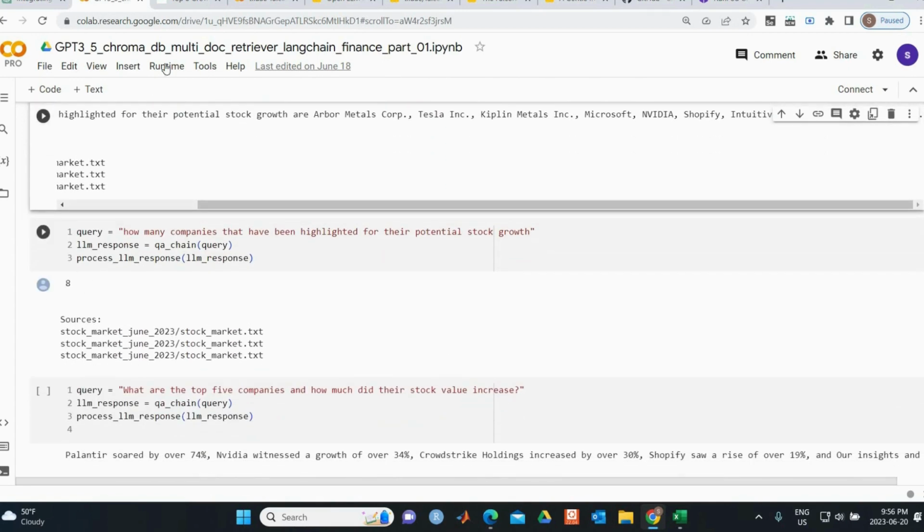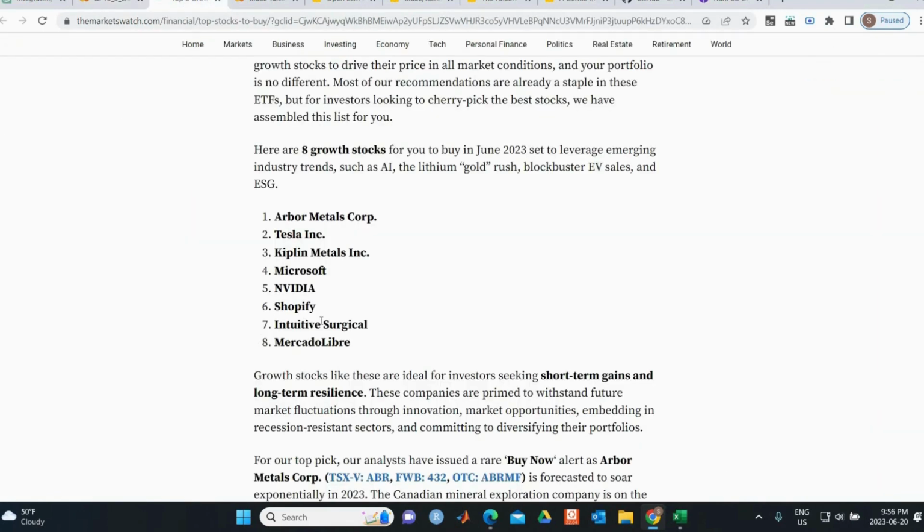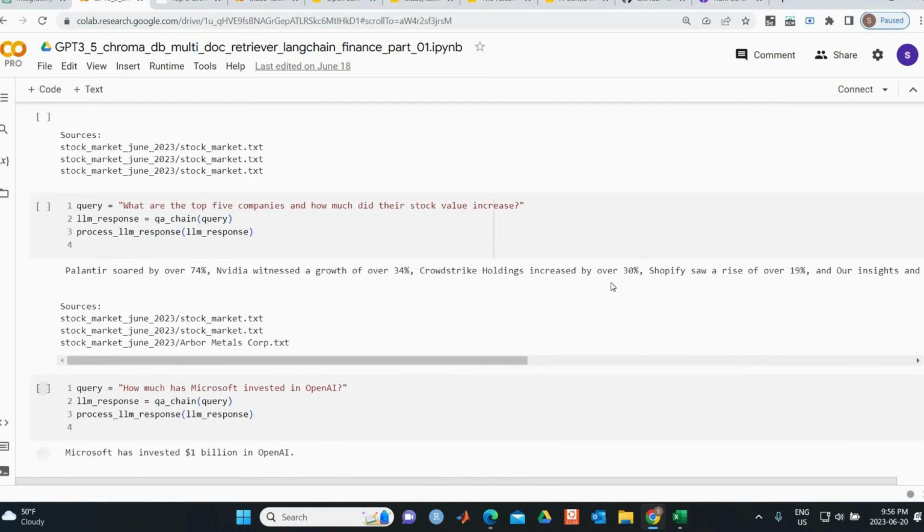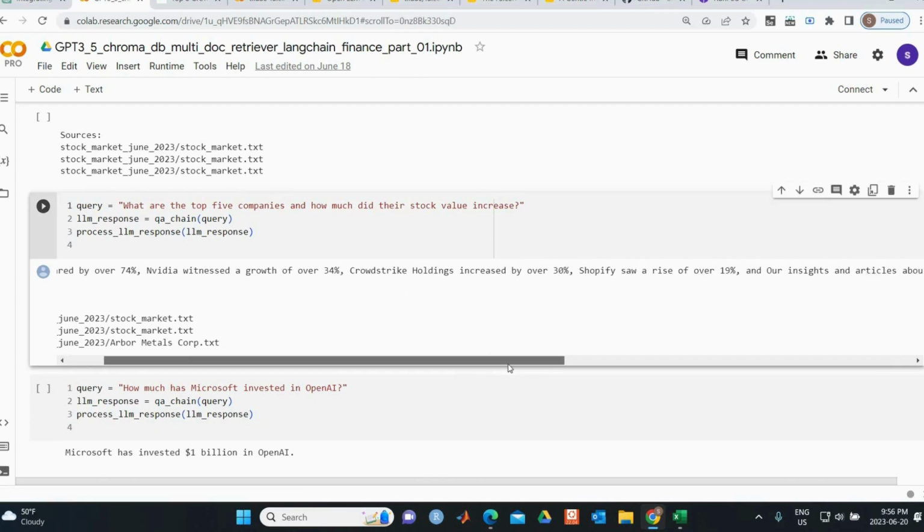So it said 8 companies. Yes, we can see that there are 8 companies here, so definitely it correctly specified this one. Next, I asked what are the top 5 companies and how much did their stock value increase? So what it says is that Palantir soared by 74%, Nvidia witnessed a growth of over 34%, and CrowdStrike holding increased by over 30%.